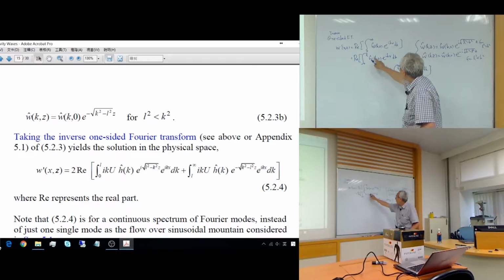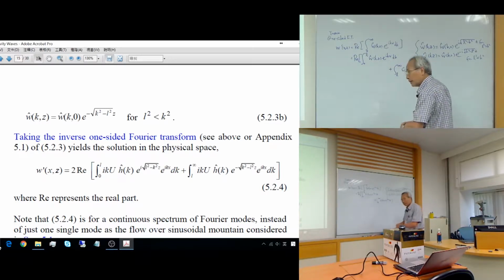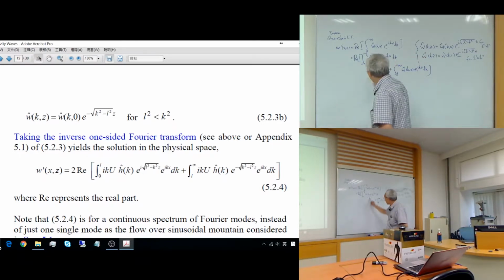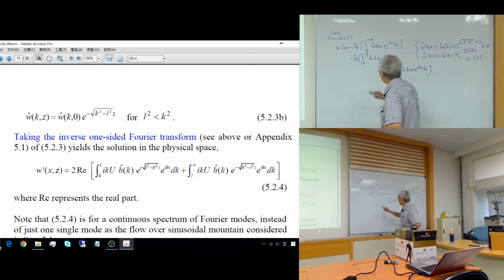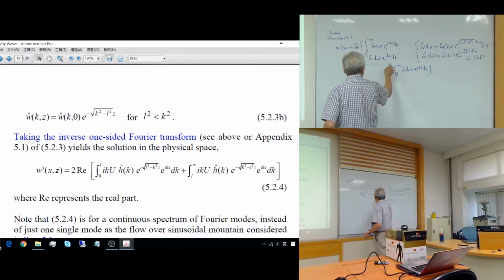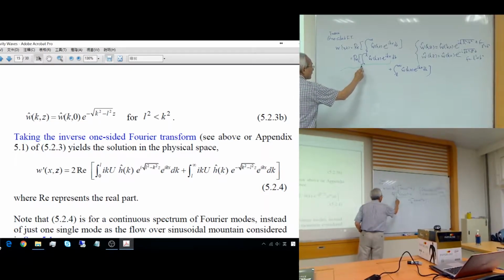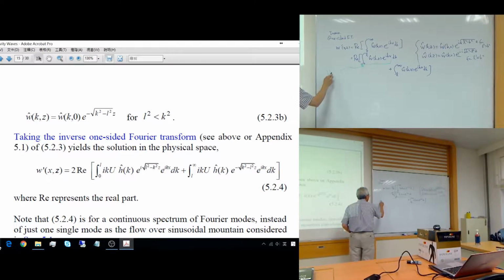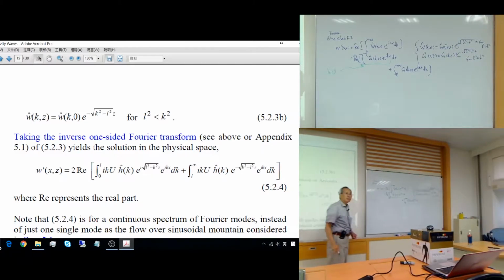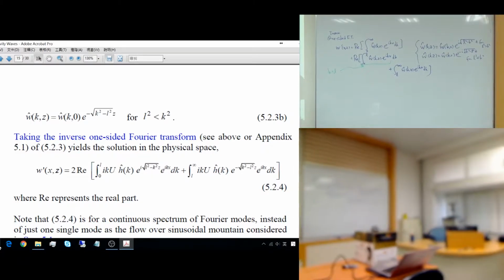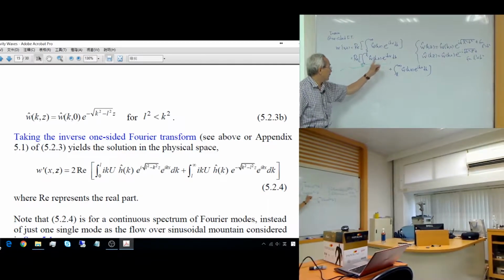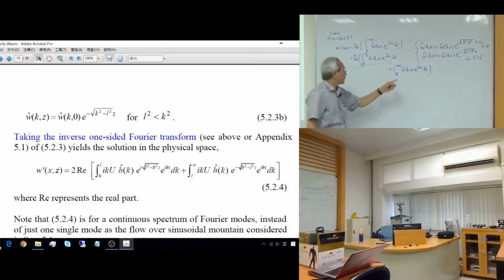Okay, this part means what? Anybody knows what this part means? This part means k is less than L. Right, because k is integrated from 0 to L. This part means what?